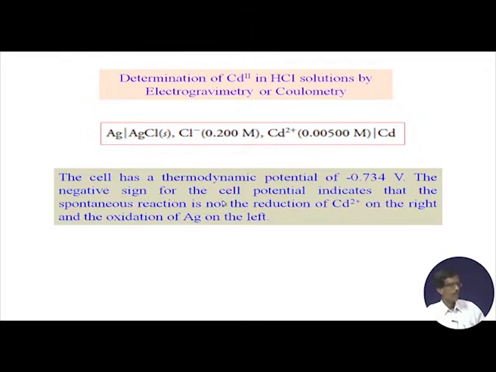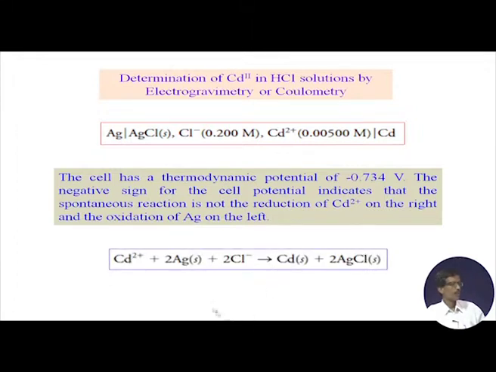So, if it is coupled with our standard silver chloride reference electrode, do we get a spontaneous process where cadmium is reduced to metallic cadmium on the electrode surface, and silver is oxidized to silver chloride in the presence of the chloride already in the solution? That gives us some idea whether we will be able to use this for the determination as well as quantitative estimation of cadmium 2+ in the solution.